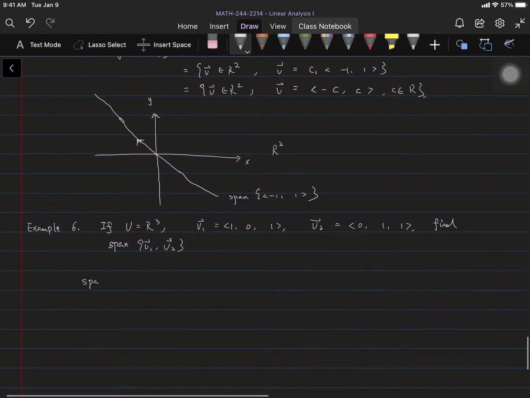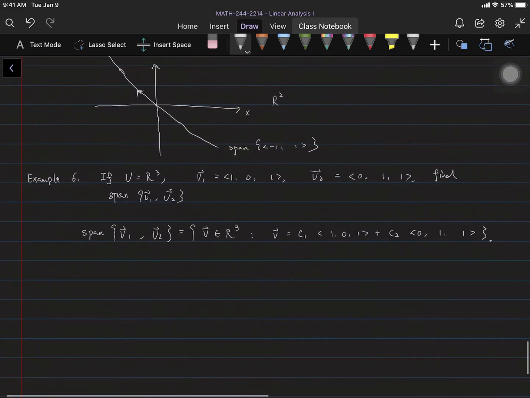Let's write down the span of V1, V2. This equals all the vectors belonging to R3 now, right? All the vectors equal a linear combination of C1 V1 plus C2 times (0, 1, 1).